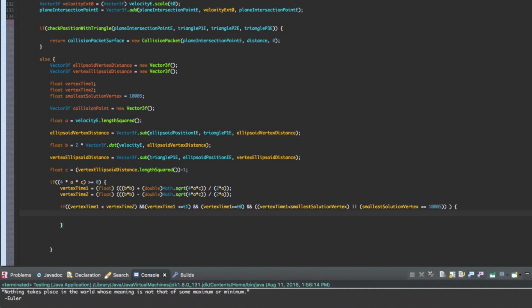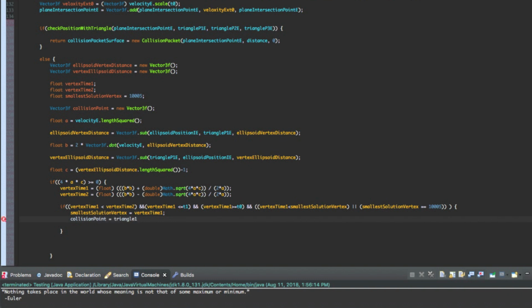And so if that's all true, then we can say that the smallest solution vertex is equal to vertex time 1. And we'll also need to set the collision point equal to the vertex that we just checked, which is the triangle P1E.